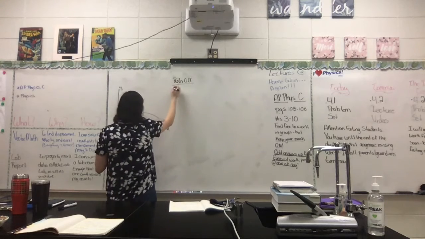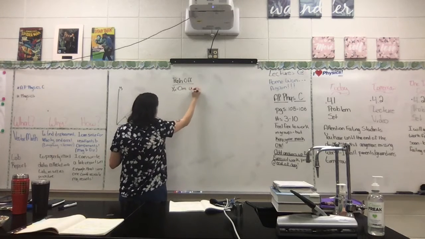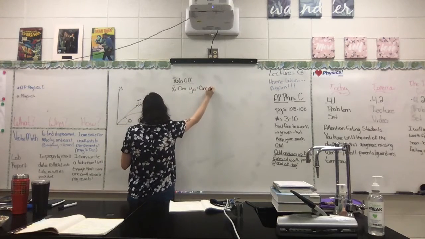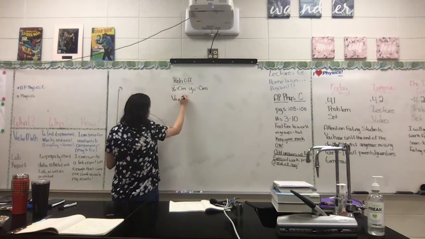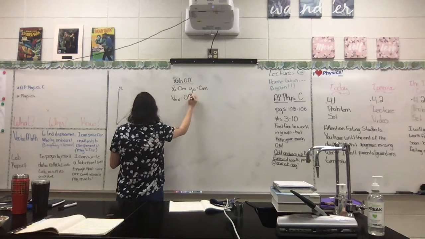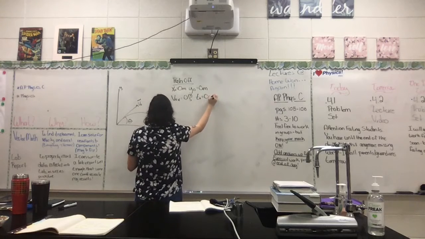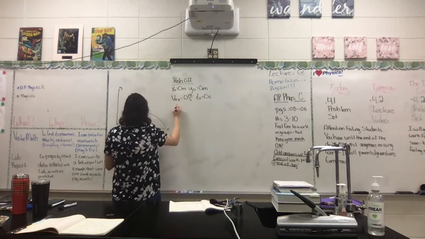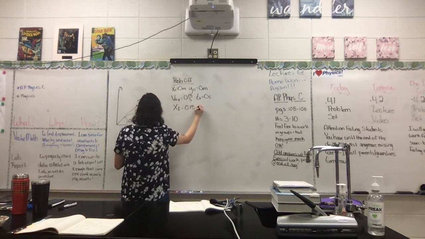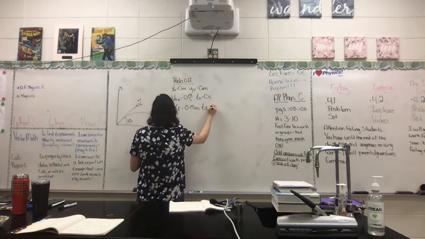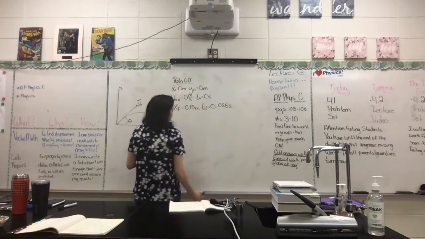We know that he's going to start at an x naught of 0 meters and a y naught of 0 meters. His x velocity initially is 0 meters per second. His initial time is 0 seconds. His final x position is 0.15 meters, and his final time is 0.065 seconds.